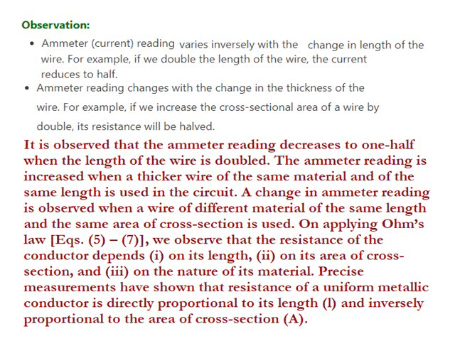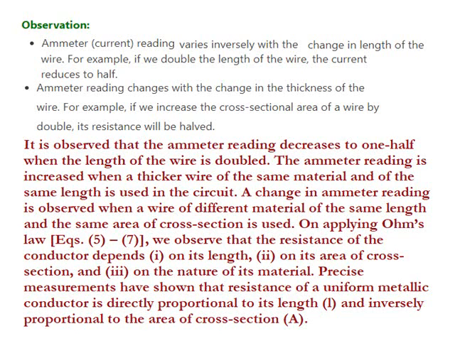For example, if we increase the cross-sectional area of a wire by double, its resistance will be half. So it is observed that the ammeter reading decreases to 1/2 when the length of the wire is doubled.